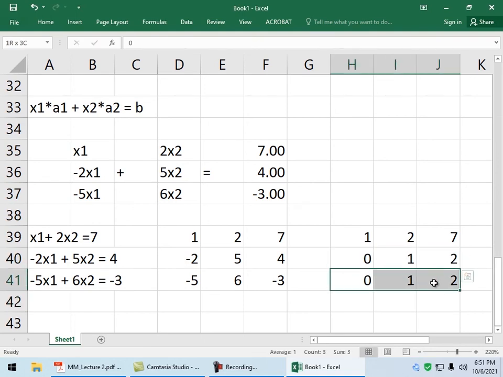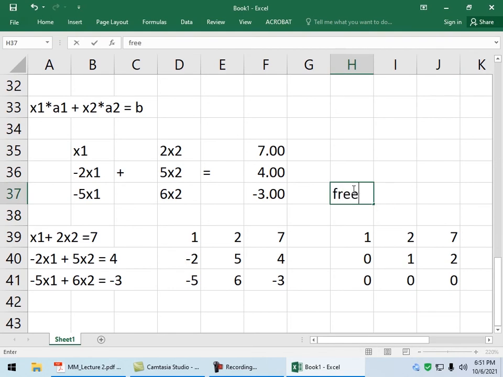And as soon as we see that we have the same two rows, the last one will obviously be zeros. So from the third row, we subtract the second row times 1, and the third row will be whole zeros. So what we have got is x3 free.